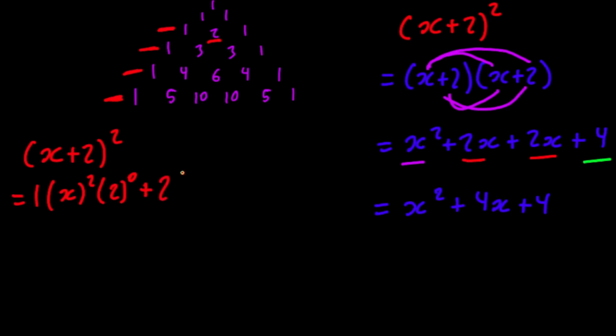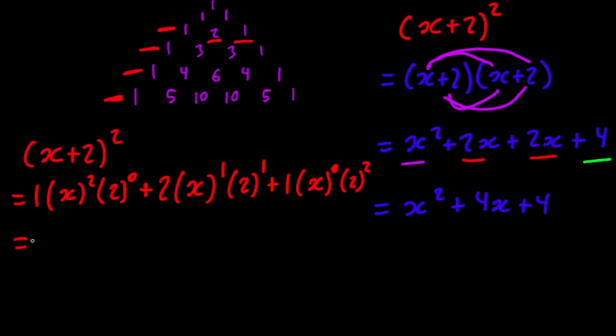And then we write 2 into x power of 2 minus 1, which is 1, times 2 power of 0 plus 1, which is 1. Plus 1 into x power of 1 minus 1, which is 0, times 2 power of 1 plus 1, which is 2.